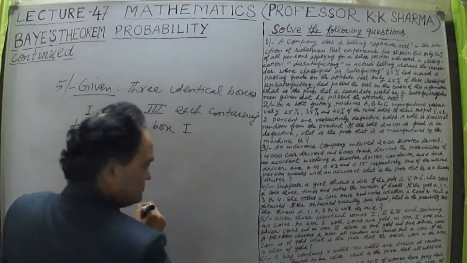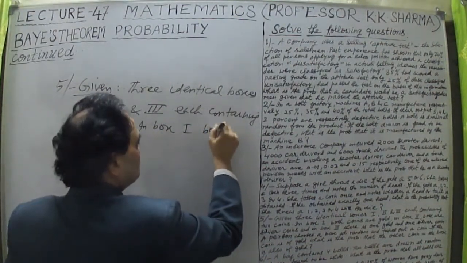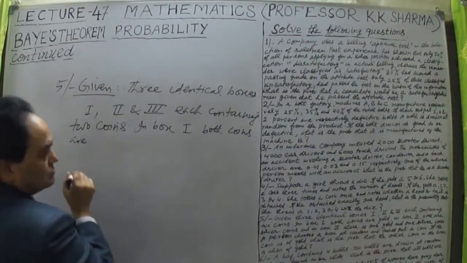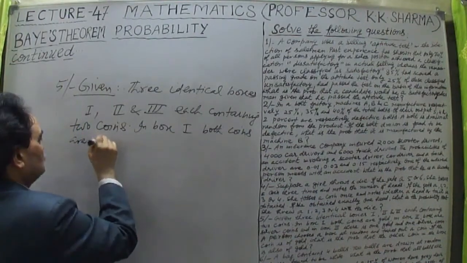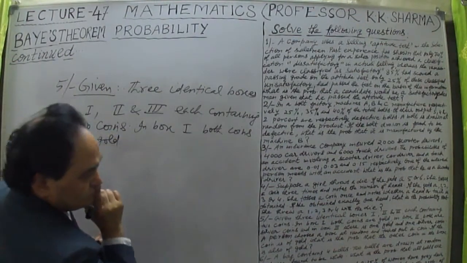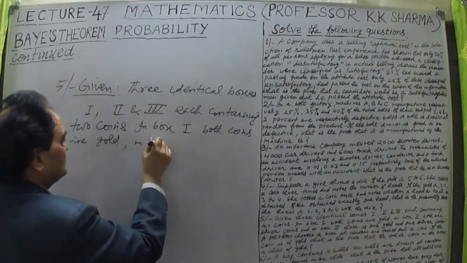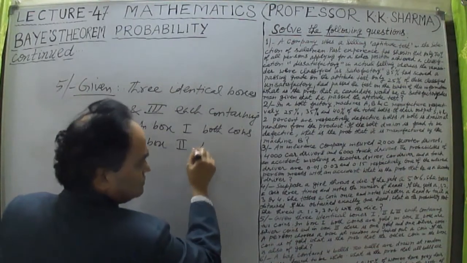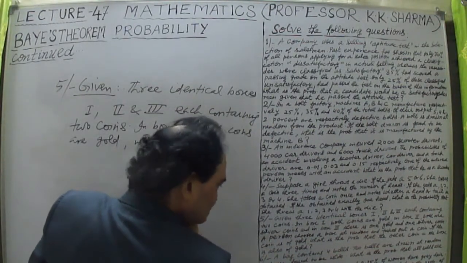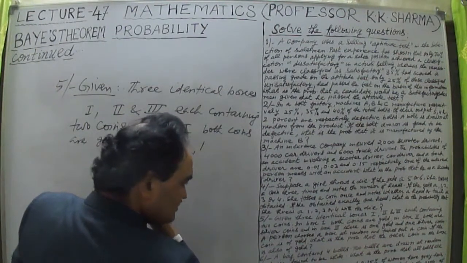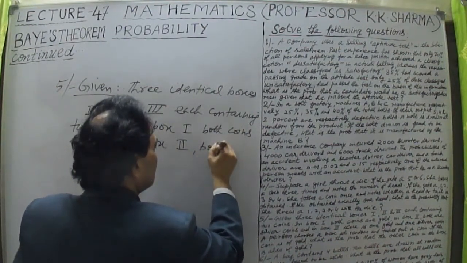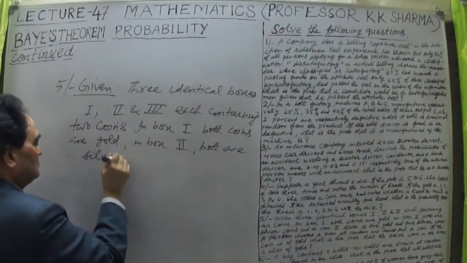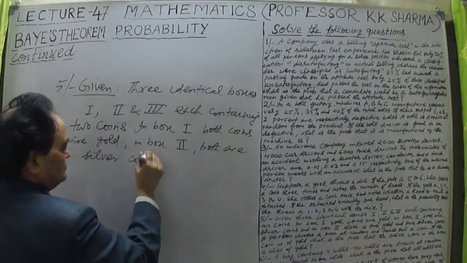In box 1, both coins are gold. In the second box, both are silver coins. No gold coin here, both are silver coins.